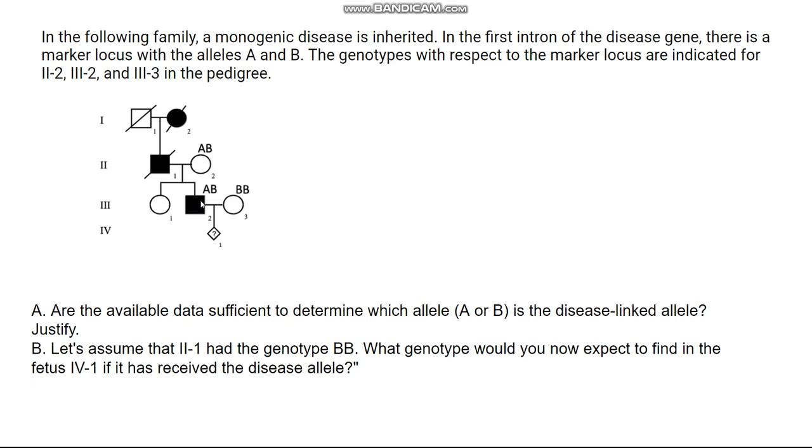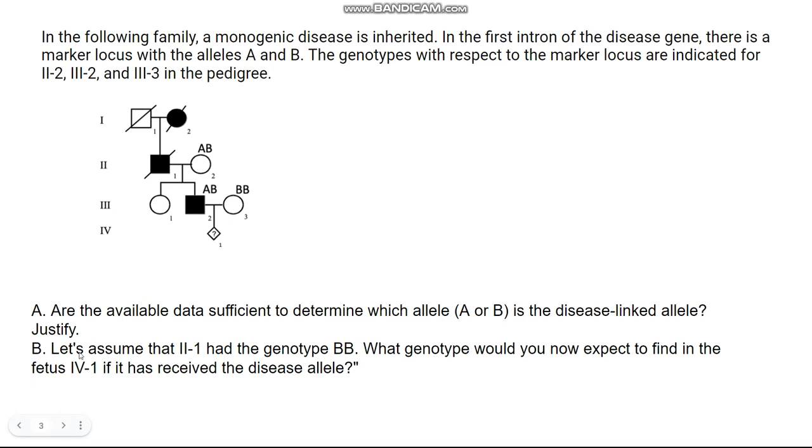Both A and B can be inherited from the healthy mother in generation 2-2 here, and the genotype of this father is unknown. So we don't have sufficient data to be able to determine this.